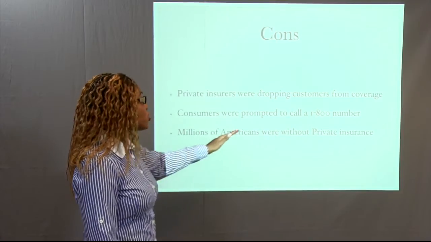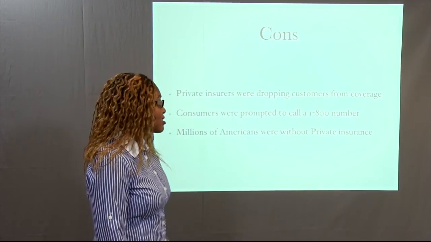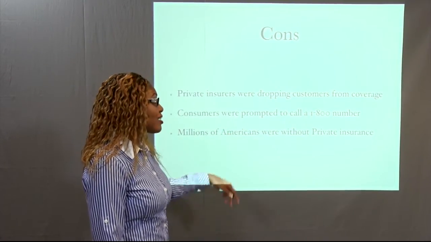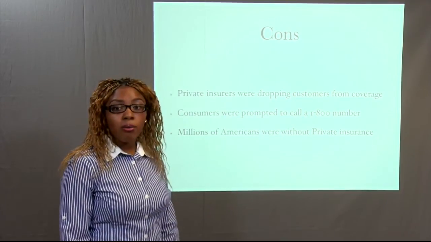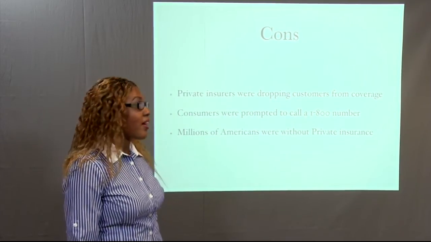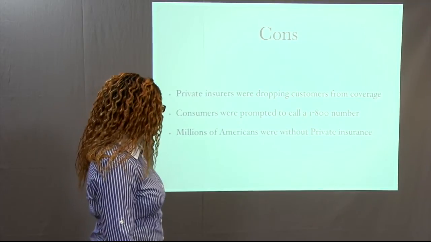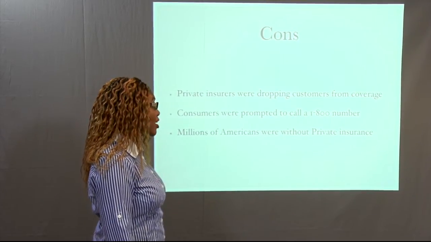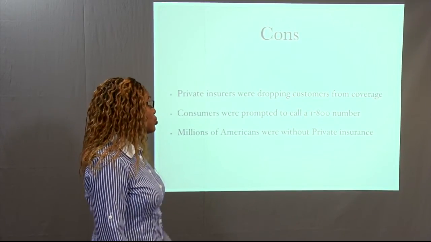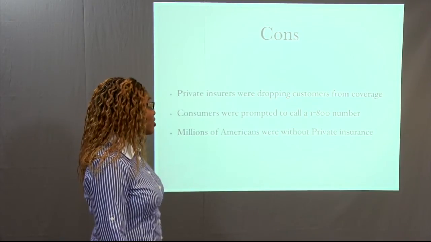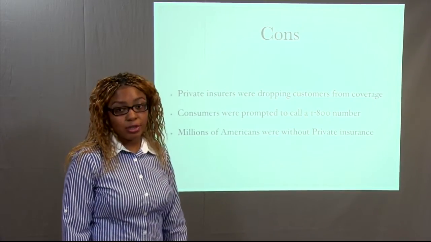There was a surge of Americans trying to access this number, and it has improved now, but then it was very difficult to access. Millions of Americans were without private insurance due to their previous private insurers dropping them because of Obamacare.